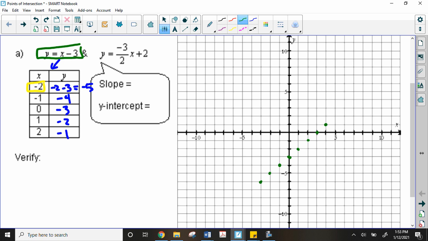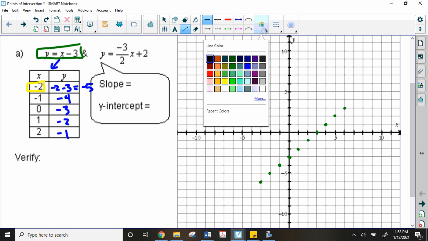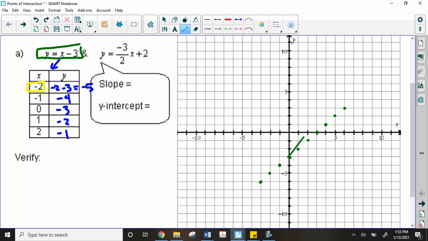Now, because we're trying to find a point of intersection, we actually want to have a lot of the line drawn. Sometimes we just draw the line and it's enough for the marks for that question. But because this one is looking for a point of intersection, we're going to make this line really long.